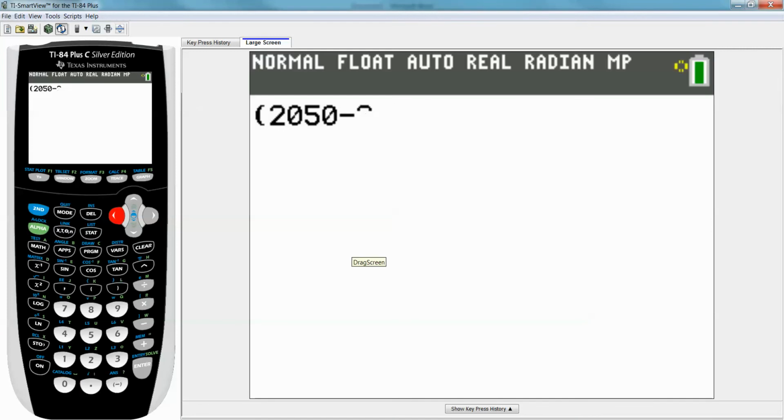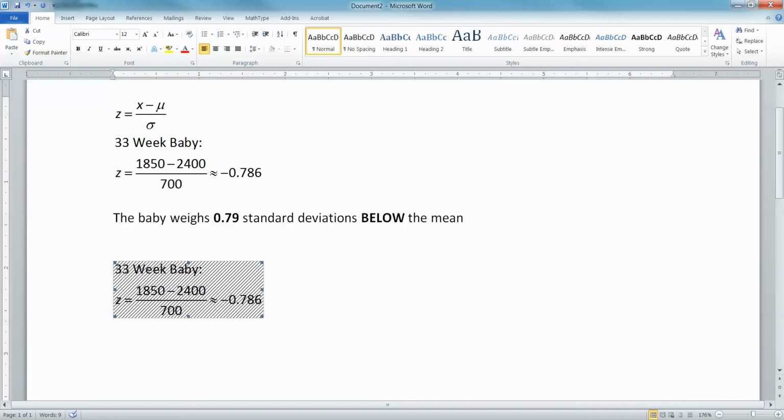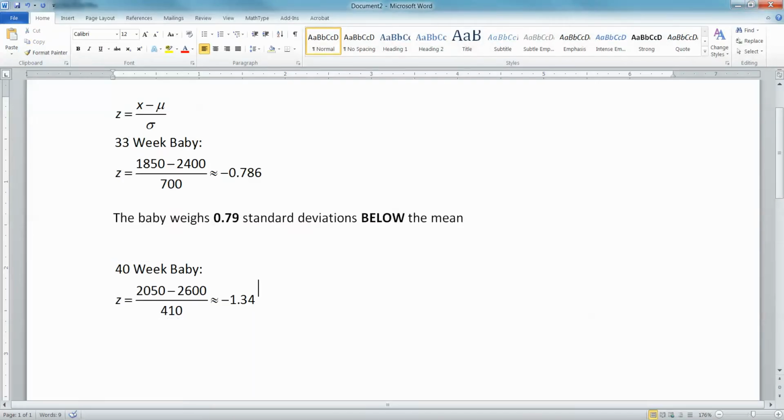Minus 2,600, close parentheses, divided by 410, enter. So it's negative 1.34. Okay, so that means that the baby weighs 1.34 standard deviations, again below the mean.